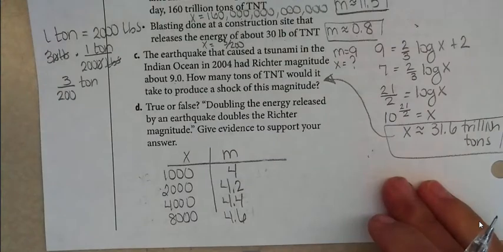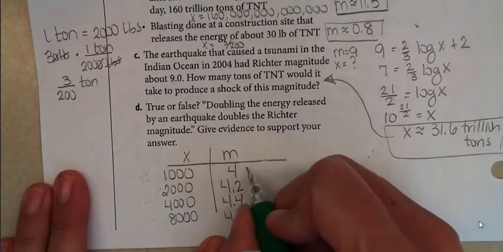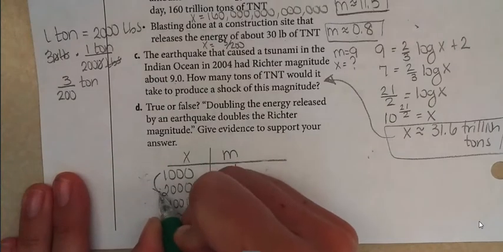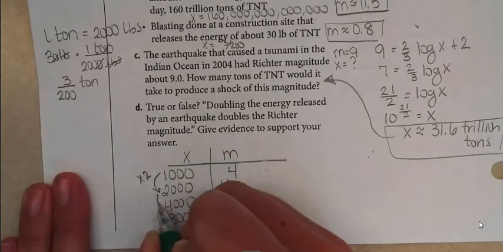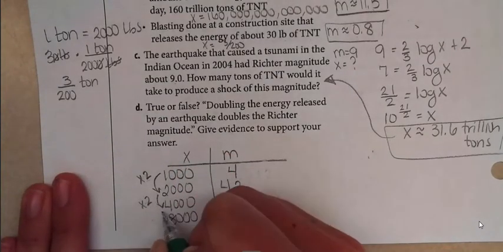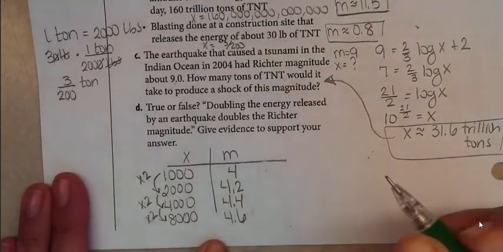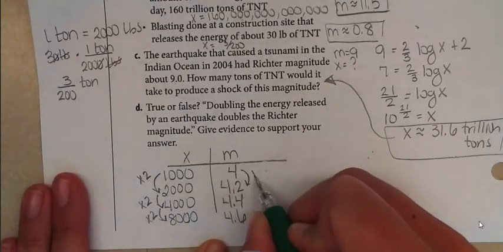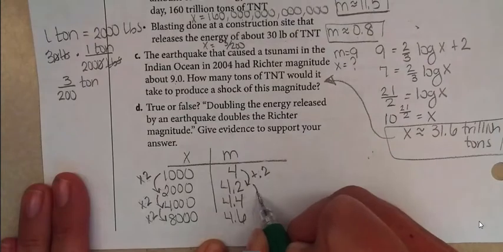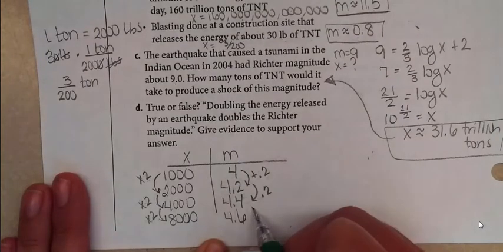So are the magnitudes doubling every time? And they're not. What I see instead, so I see over here that these are doubling each time, times 2, times 2, times 2. But what I see over here is that each time it appears that I'm adding 0.2.